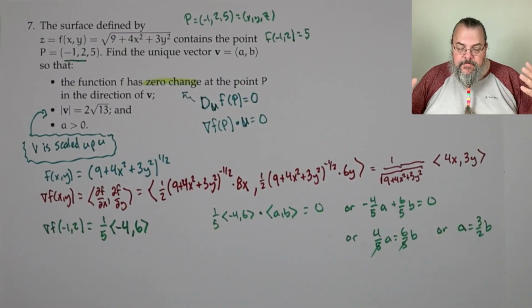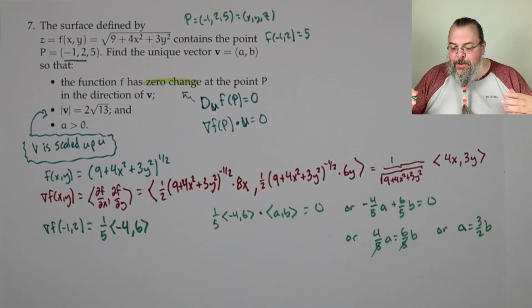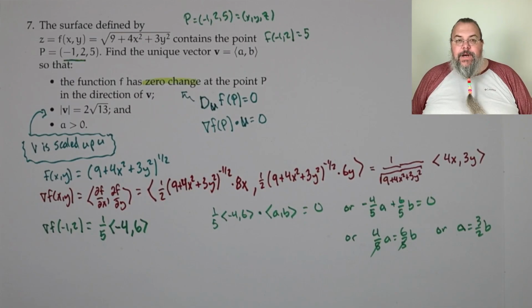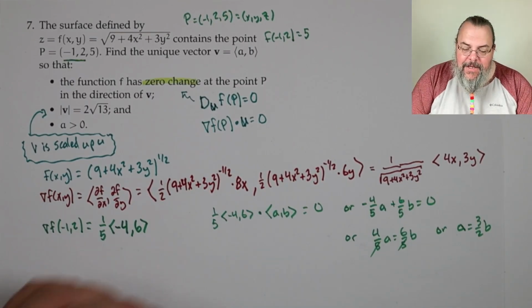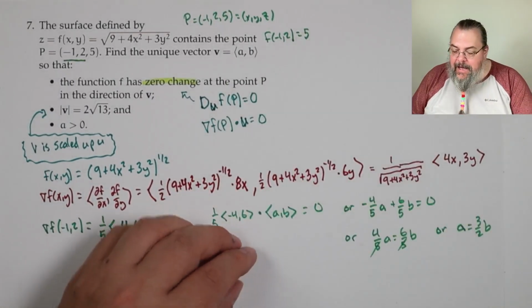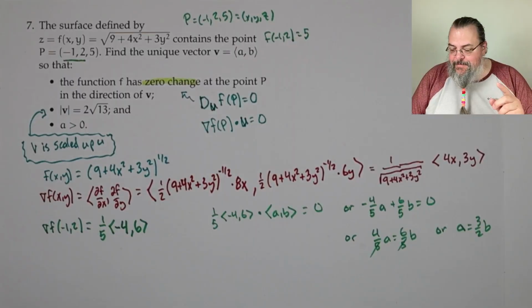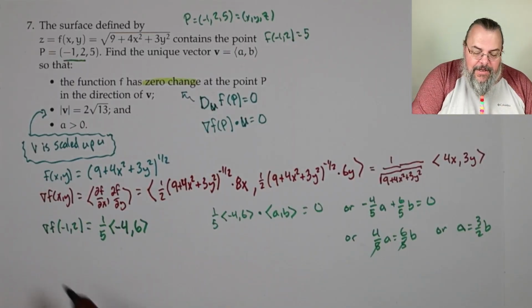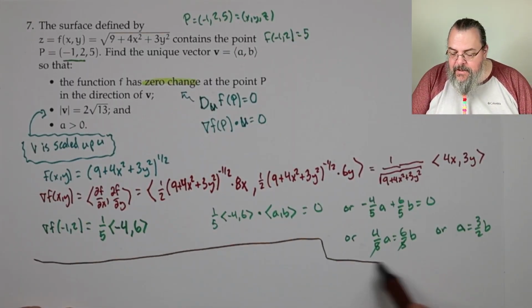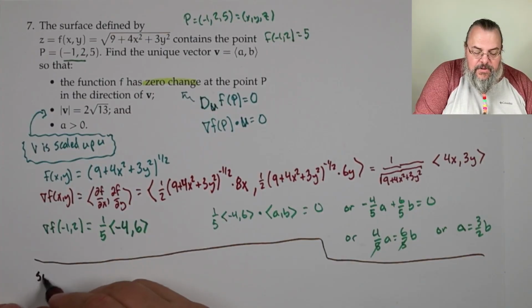Okay. Now, this is actually really good for us. What are we up to? Well, we now know the following. Our vector has a very particular form. Let's do it down here.